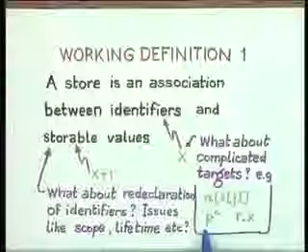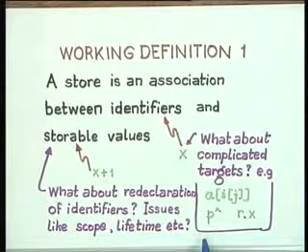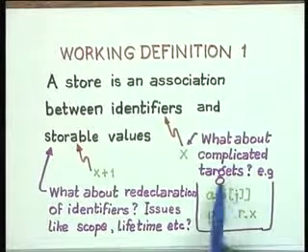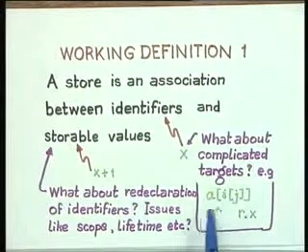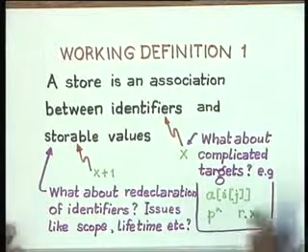They are actually complicated expressions, because the identifier P has some meaning, and this is like an operation on P. The identifier A has some meaning, I has some meaning, J has some meaning, and this is some complicated ternary operation on A, I, and J. So our targets are not necessarily just identifiers, they are actually expressions.